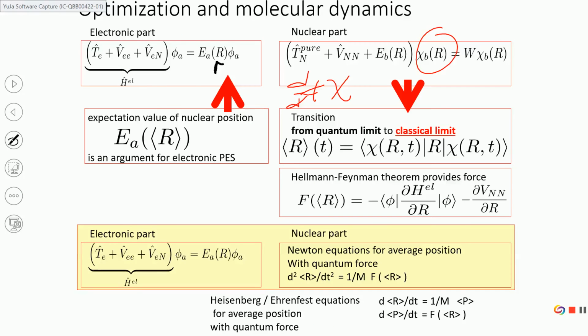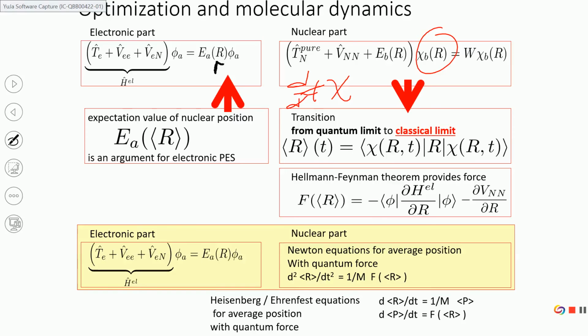So, you did derive this equation, well, we all together. So it's like Newton's equation of motion, but it is for the expectation value of the position of each nucleus.